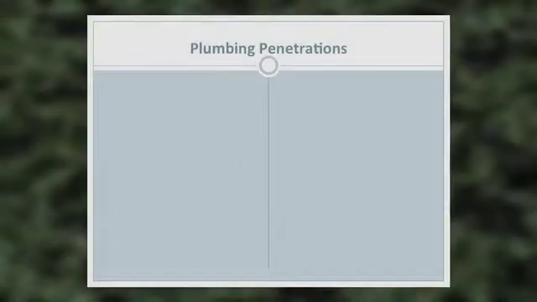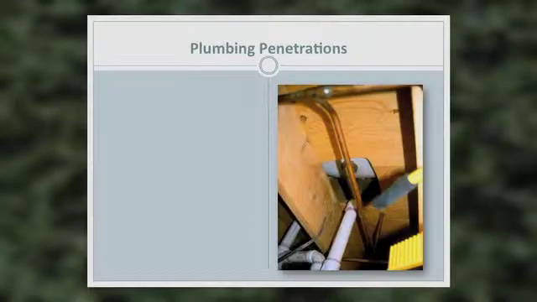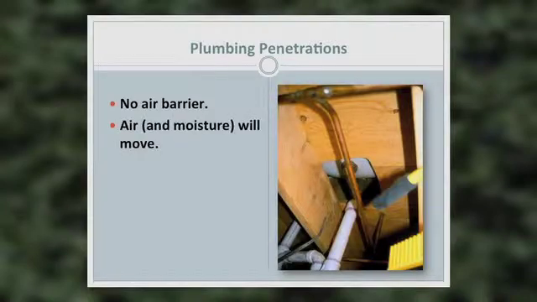Some of the other places that you see thermal bypasses, like in this slide, are plumbing penetrations. You see these in the basement underneath the bathtub, right? Now you have air that you've heated in your basement, which is now making its way up the wall. You now have a thermal bypass. I'd seal both sides. Seal the hole on the bottom side, seal the hole on the top side.